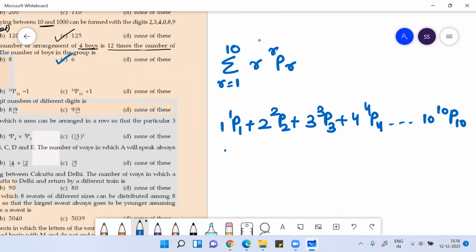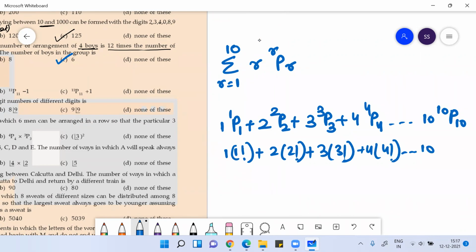So this is nothing but 1 into 1 factorial plus 2 into 2 factorial plus 3 into 3 factorial plus 4 into 4 factorial till 10 into 10 factorial.